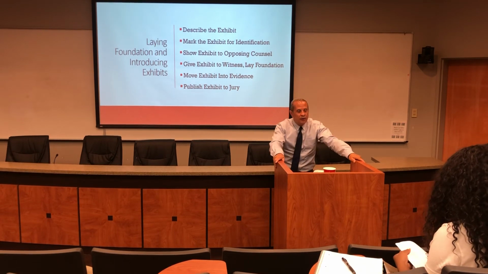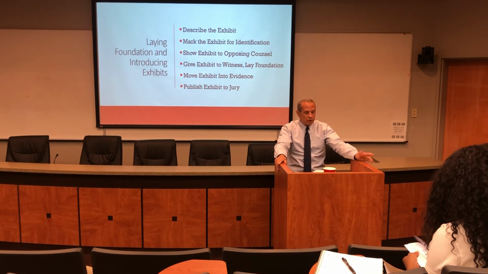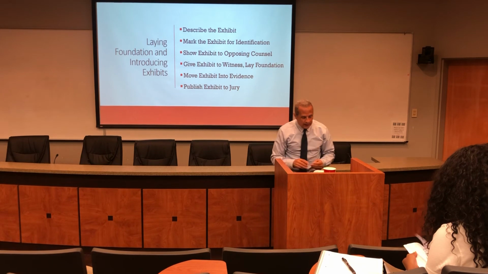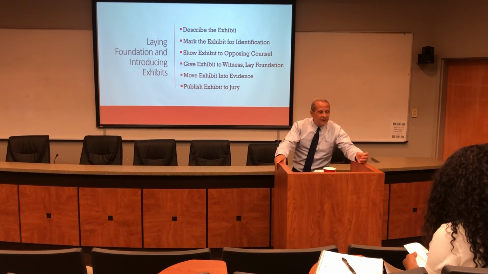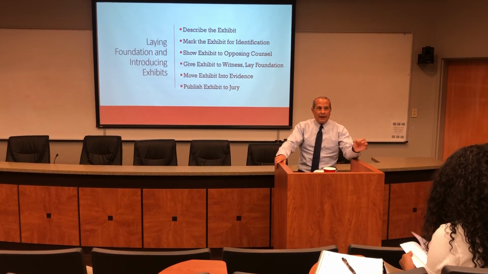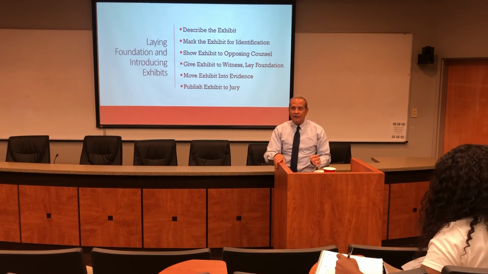The required foundation requires more than a showing of just personal knowledge. The proponent has to also establish that the demonstrative evidence, and these are magical, talismanic words, sorry to hit you with that, fairly and accurately depicts the thing as it was.